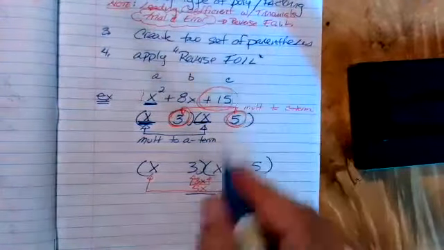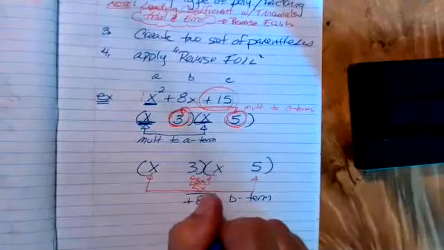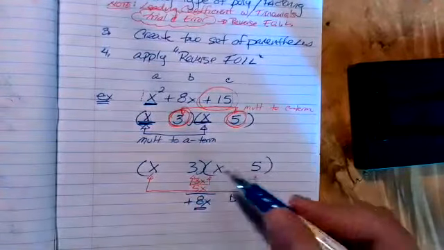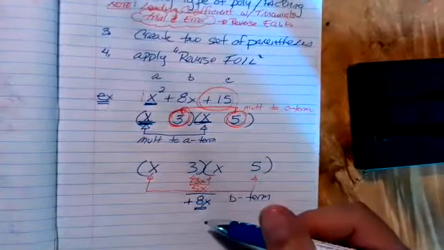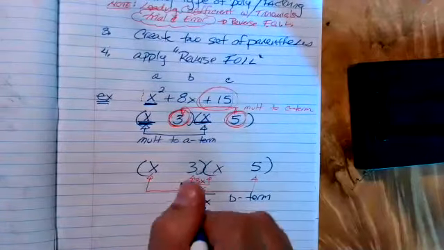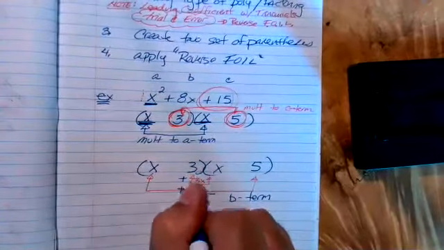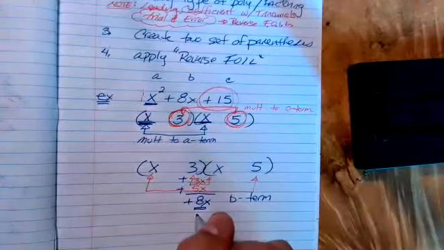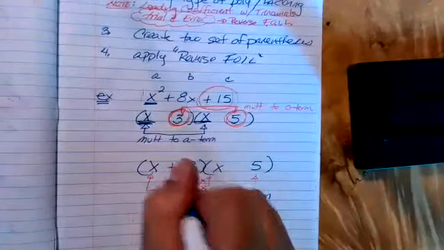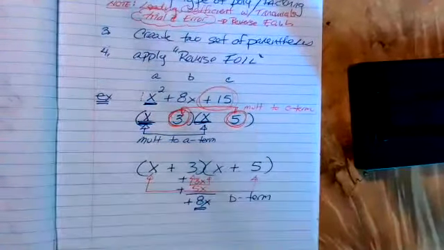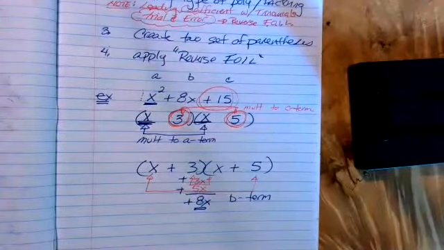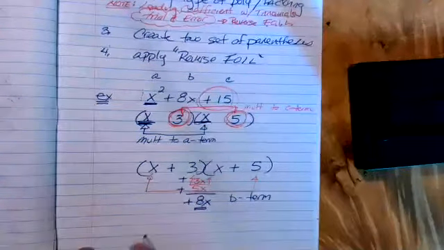Our B term in this case is plus 8x. Does 3x and 5x combine to 8x? Sure, if this is a plus 3 and a plus 5, it'll give me plus 8x. So that's my final answer.